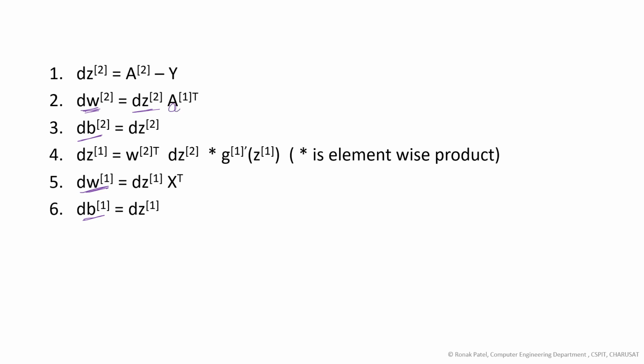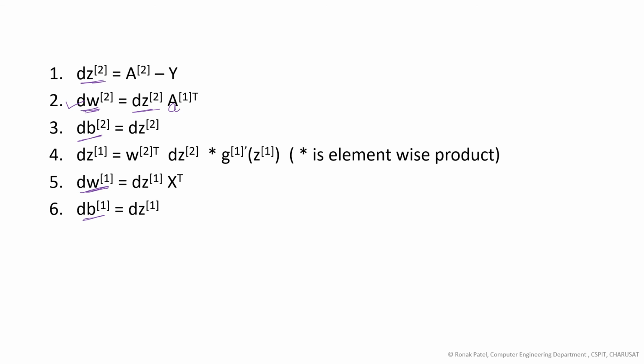So A1 we have calculated during the forward pass. And dz2 we require. So we will calculate dz2 using this equation, a2 minus y, and this is for M training examples, that is capital A, otherwise small a. So this way we have calculated dw2.